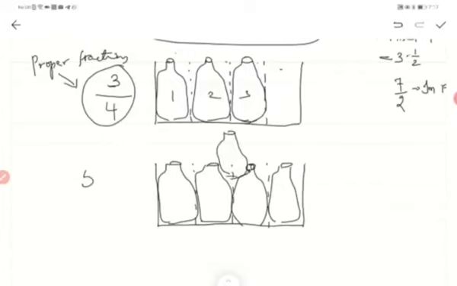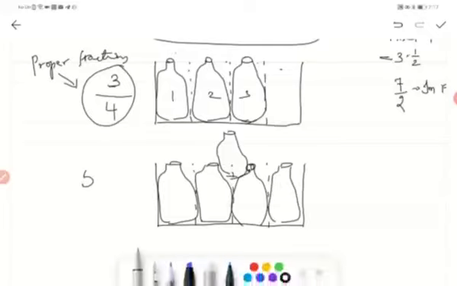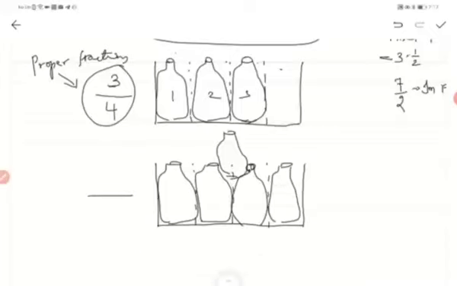That means it is overloaded now. Actually your space is only of 4 bottles. 1 2 3 4, you can accommodate only 4 bottles in it, but you are trying to accommodate 5 bottles. 1 2 3 4 and 5. This one is extra, so I will write this fraction as 5 by 4.